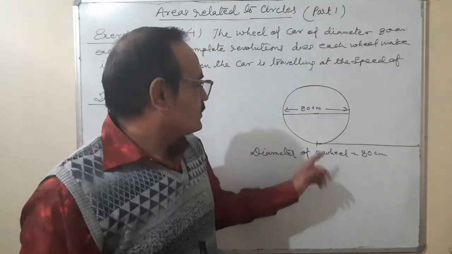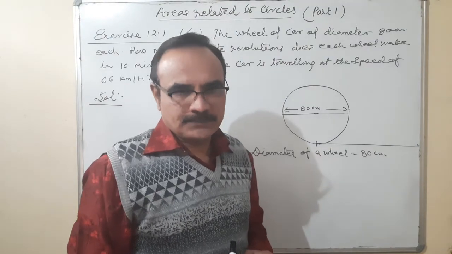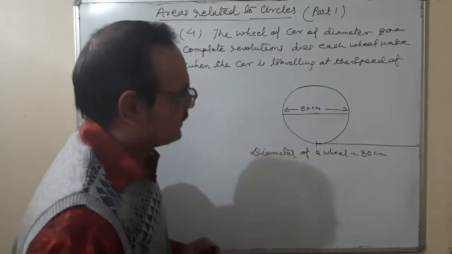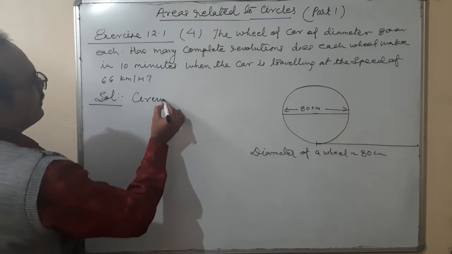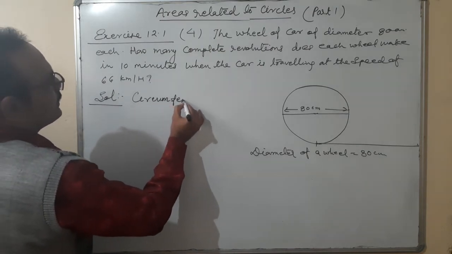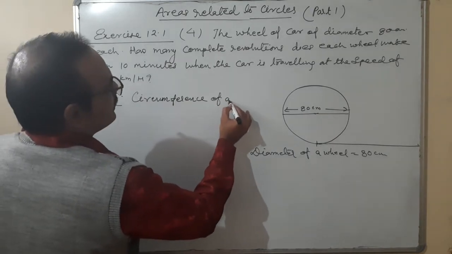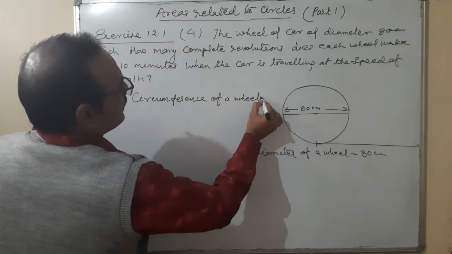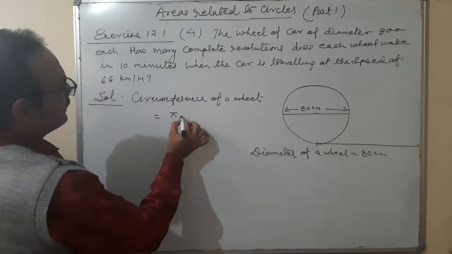So first of all we are going to find the circumference of the wheel. Circumference of a circle, formula pi d.